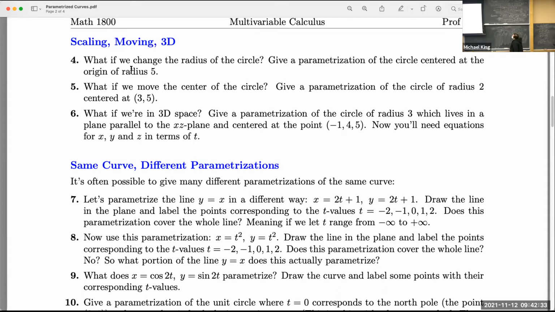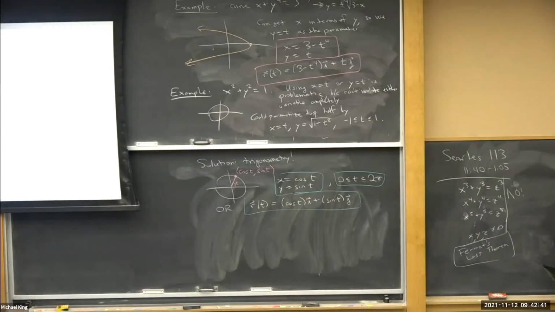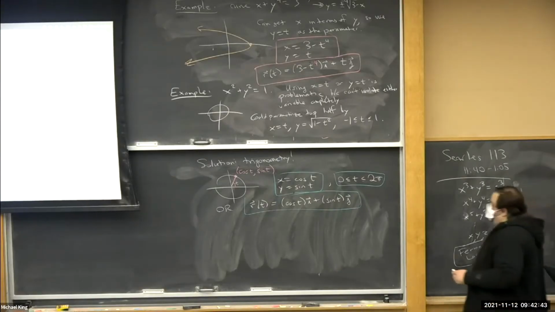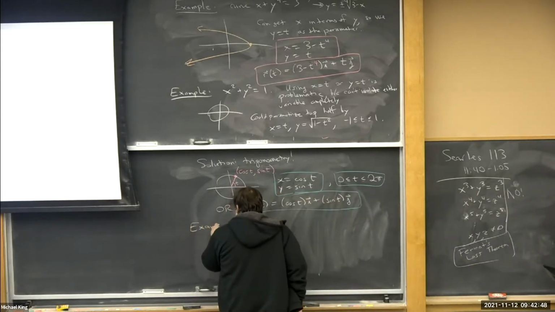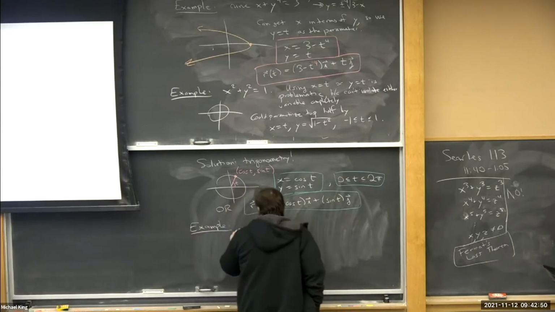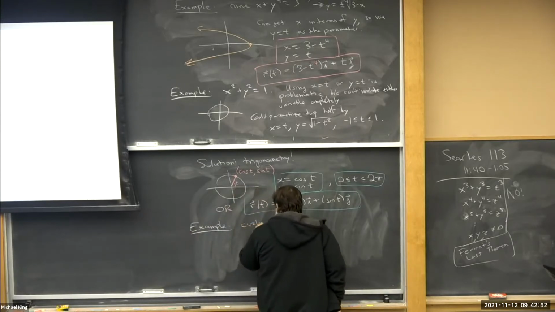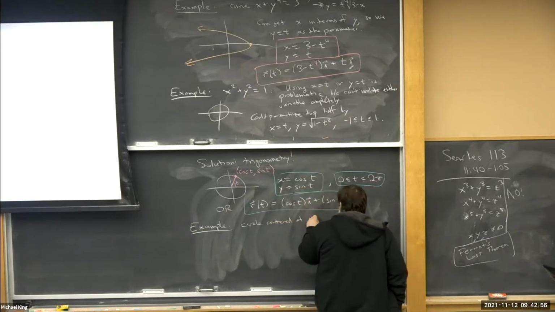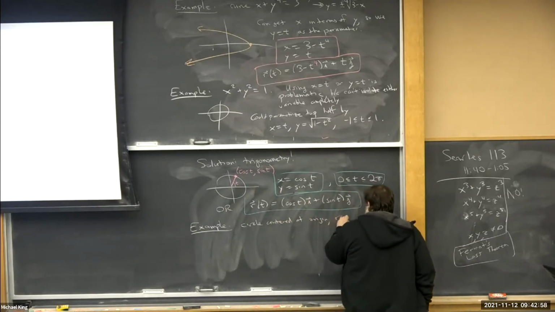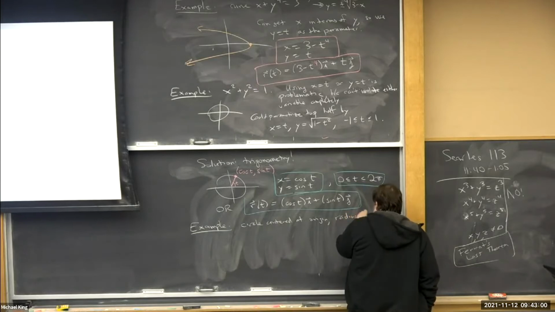For question 4 on the handout, again, if you're not looking at the handout, please download the parameterized curves handout. Okay, so example: circle centered at the origin, radius 5.